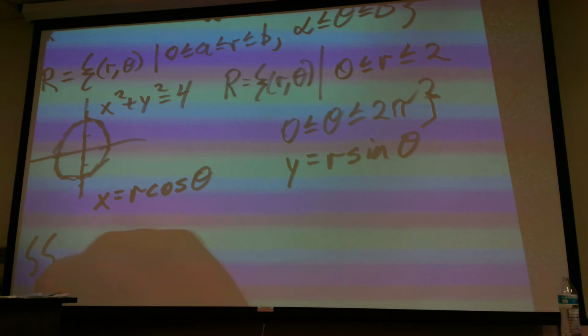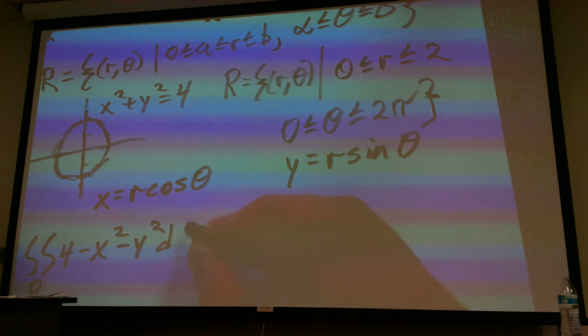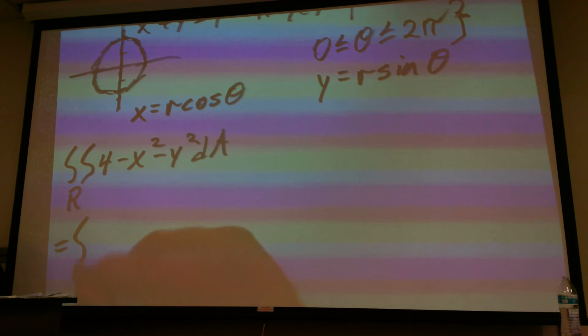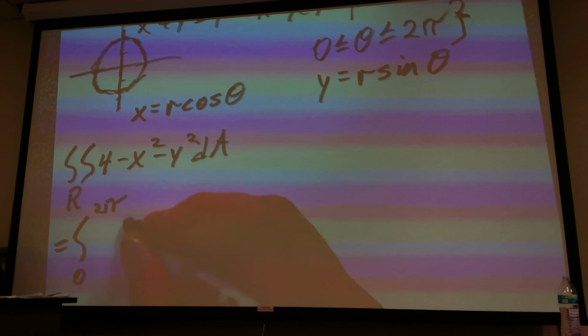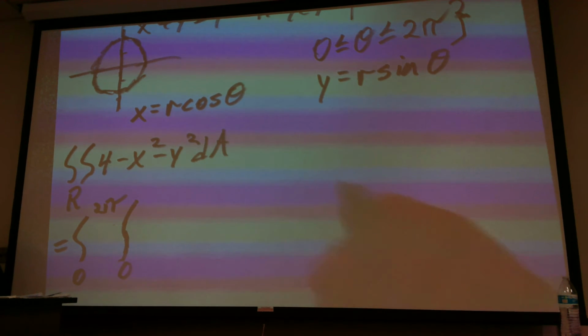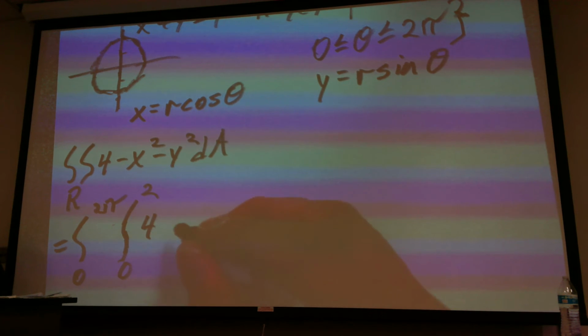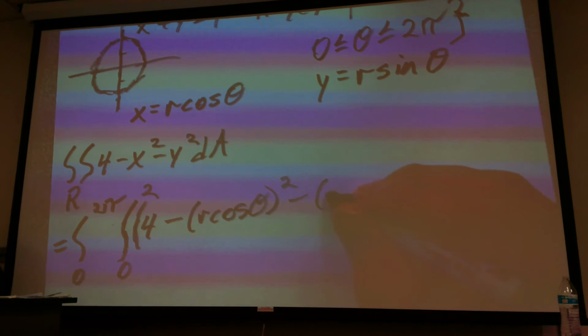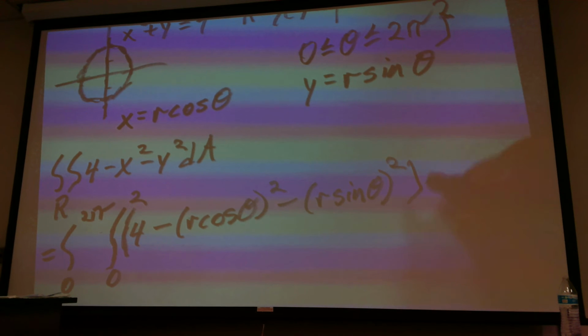So, the double integral along that region of 4 minus x squared minus y squared dA, okay, is going to equal the integral from 0 to 2 pi of the integral from 0 to 2 of 4 minus (r cosine theta) squared minus (r sine theta) squared, and then r dr d theta.